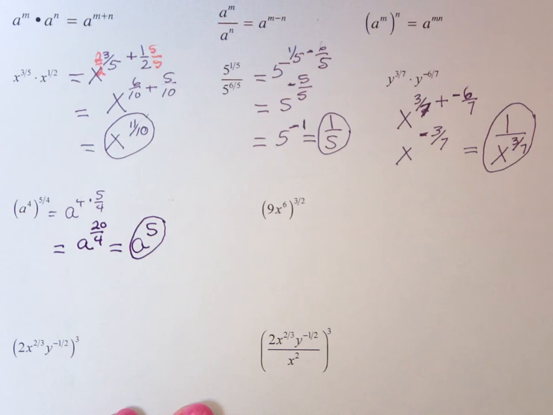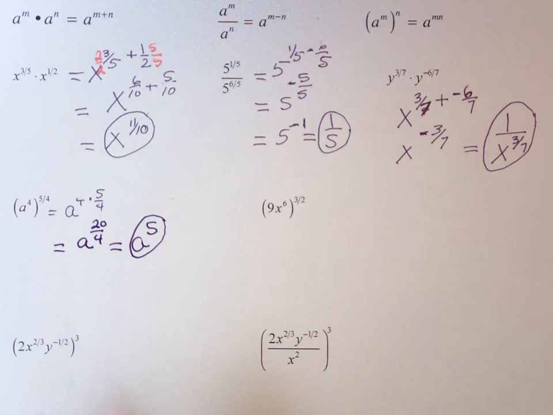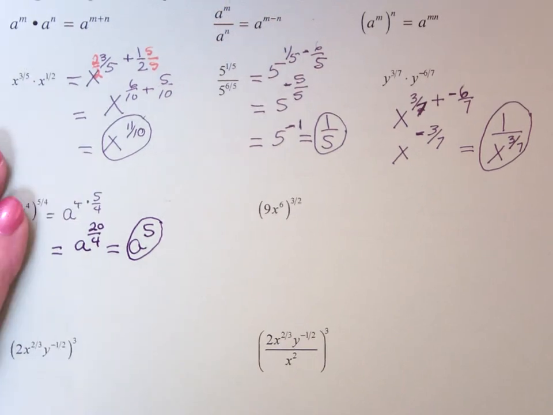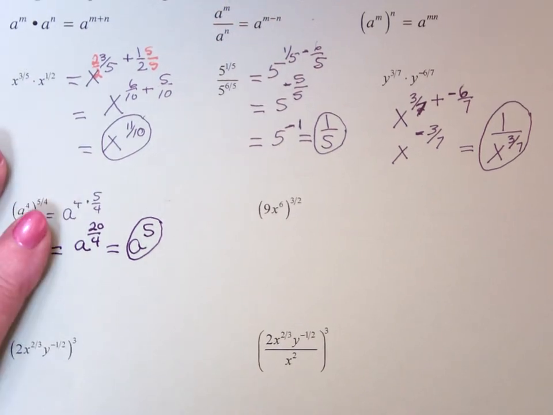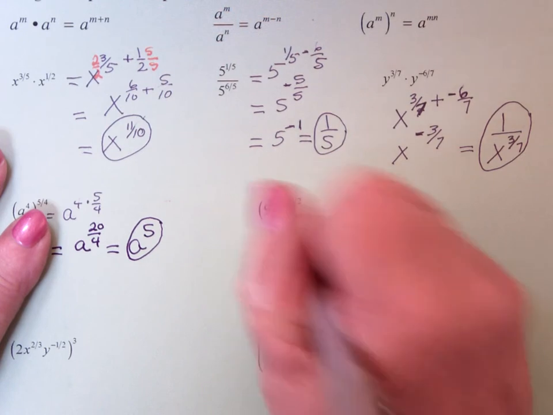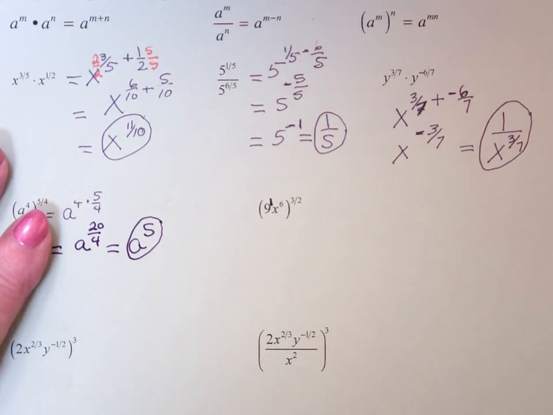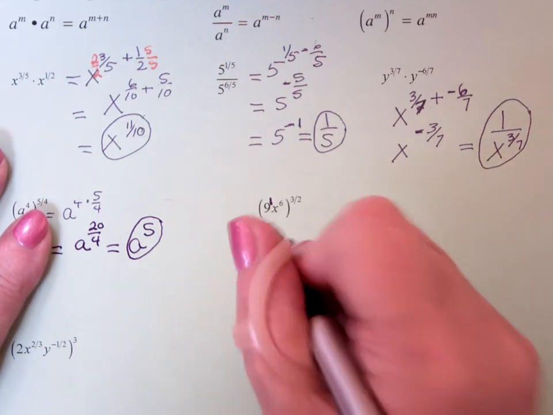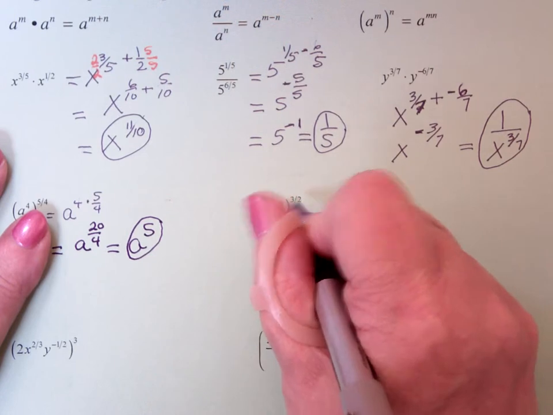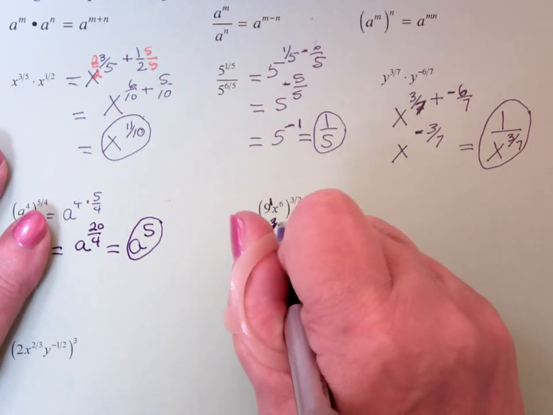Now here's that 3/2, which means, remember, what do we do? One thing we could do is square root it, then cube it, but that's not exactly what they planned for us to do with this, though it is what I would do. I'd square root it, then cube it. But there is an exponent of 1 on the 9. That should look familiar from the stuff we did with whole number exponents. So this is 9 to the 3/2 times 1, which is 3/2.